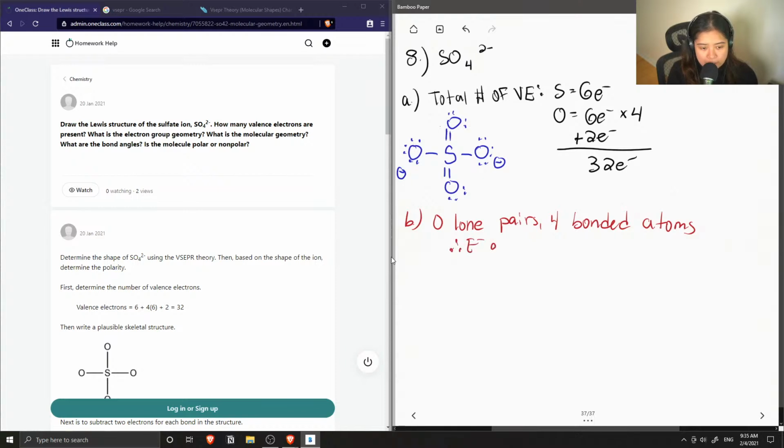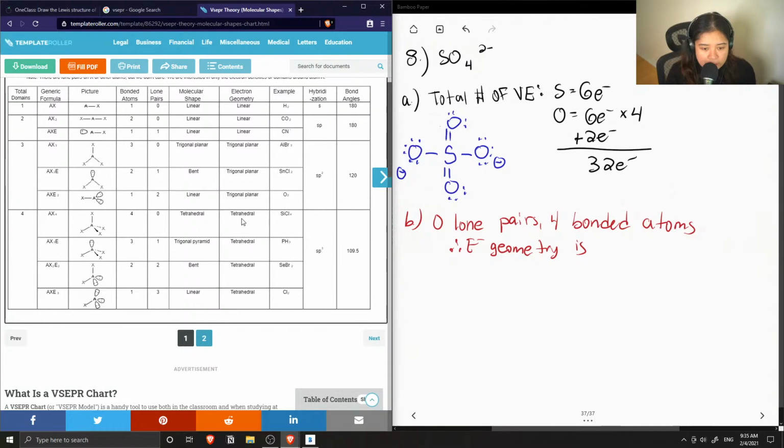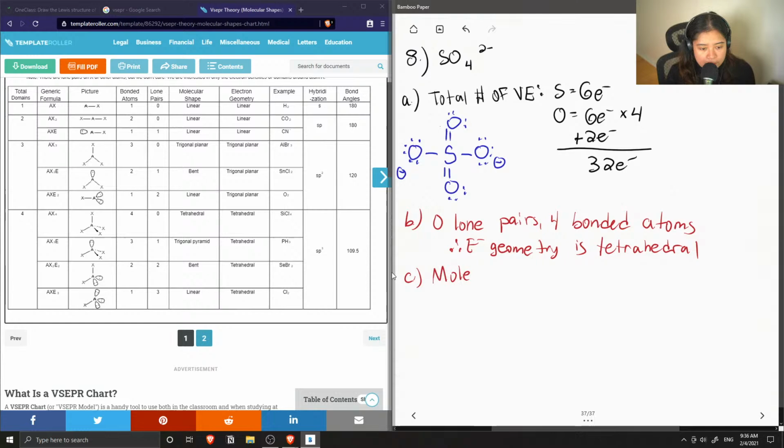And by using a VSEPR theory table, we can find out both its electron group geometry, molecular geometry, and the bond angles. So we'll see that when you have 4 bonded atoms and 0 lone pairs, the electron geometry is tetrahedral. And for part C, the molecular geometry is also tetrahedral.